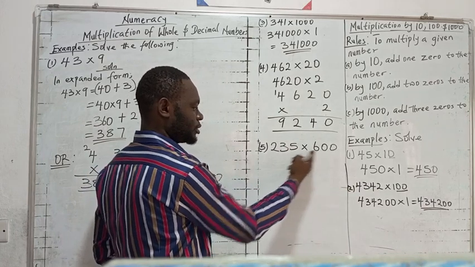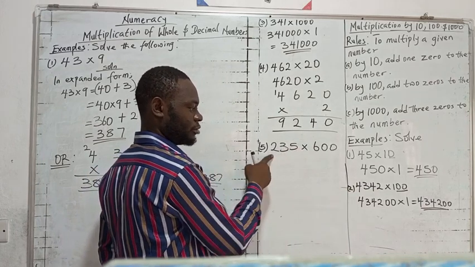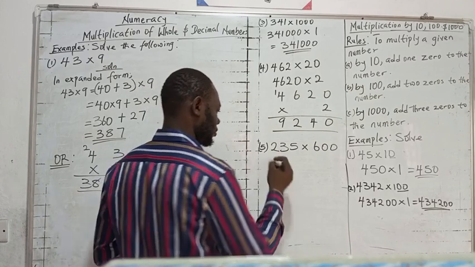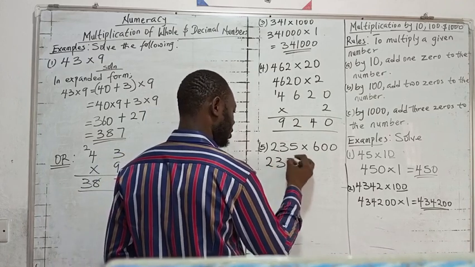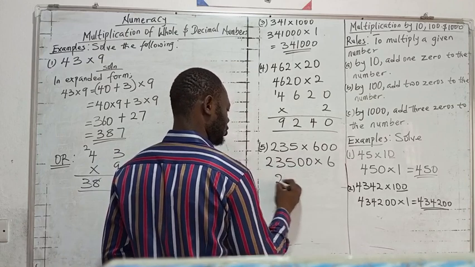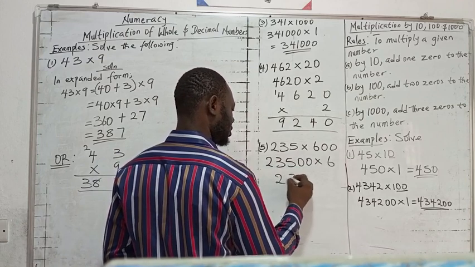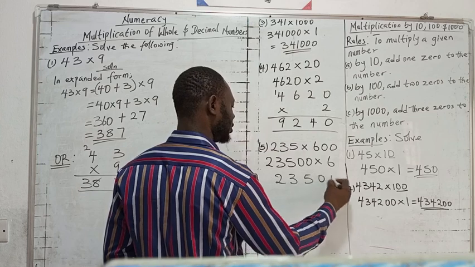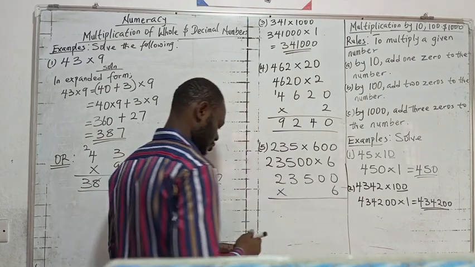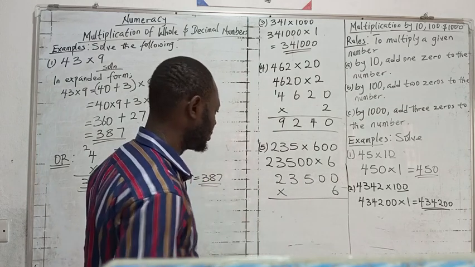We take the 2 zeros, put them at the end of this number, and multiply by what? 6. So this becomes 23,500 times 6. We multiply and get our final answer.